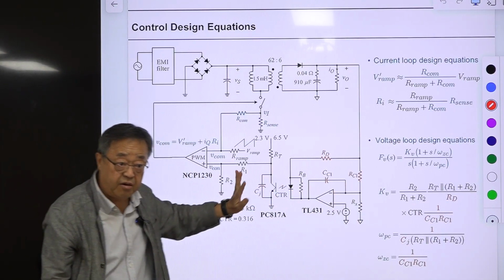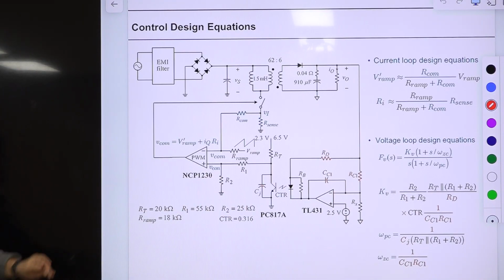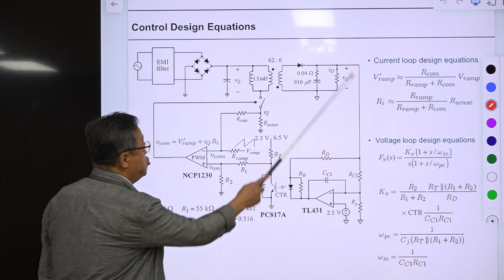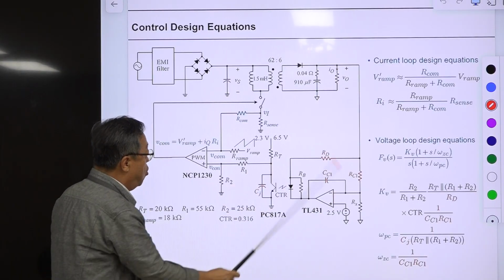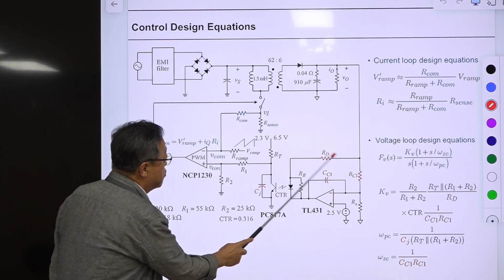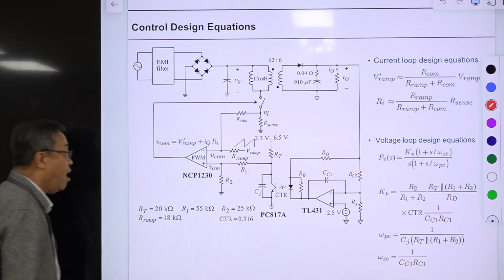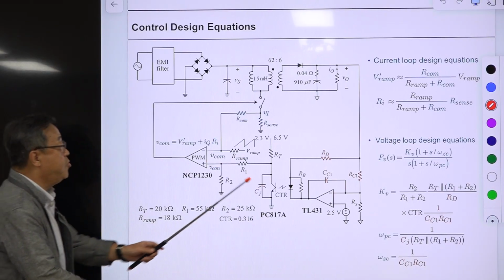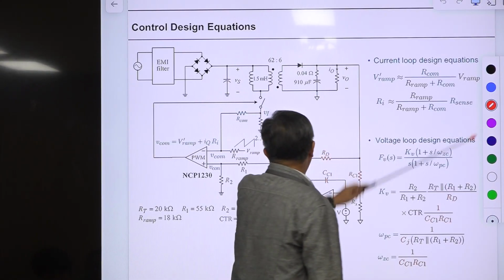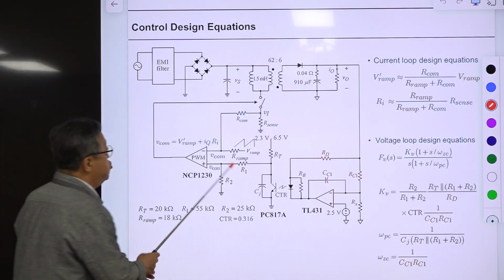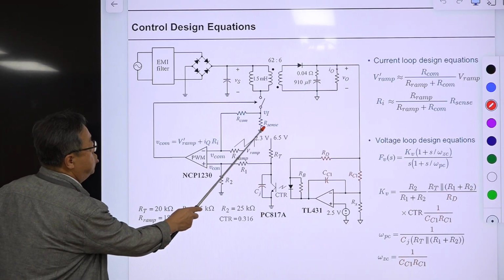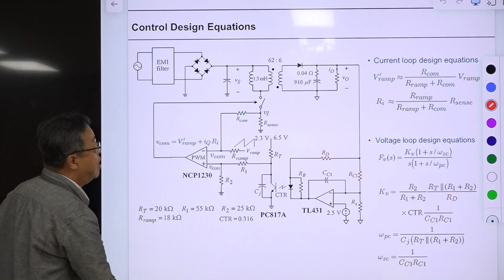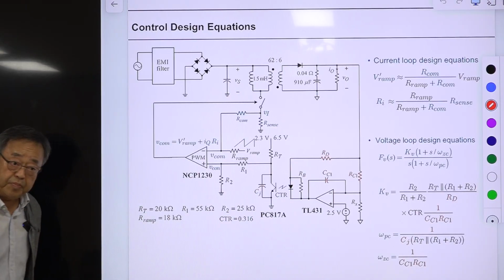With the parallel combination of two different resistances, you can kick out the larger one. And this one is used to control the output voltage. So only these four components are related to the voltage loop design, and only these two components are related to the current loop design.